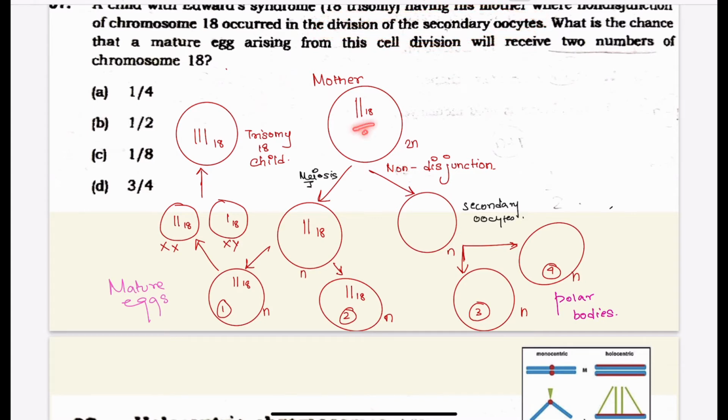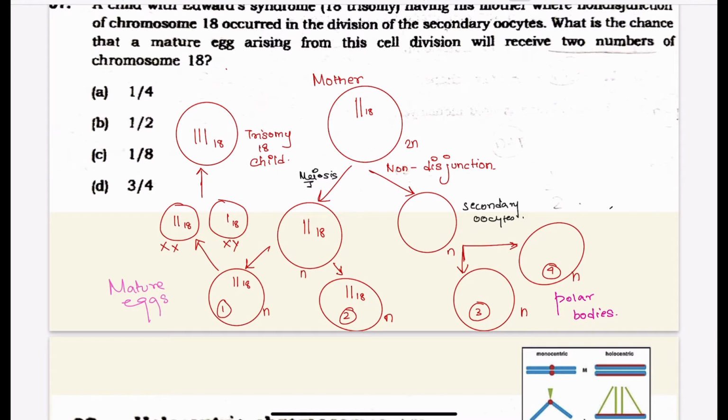If the mother was 2n, she had two 18 chromosomes. In meiosis 1, it would give one of them to the first cell and the other to the second cell. But since non-disjunction has happened, one of the cells will receive both chromosomes and the other will remain empty, without chromosome number 18.